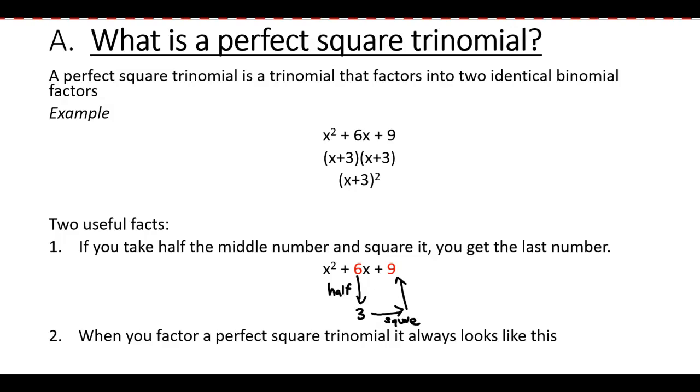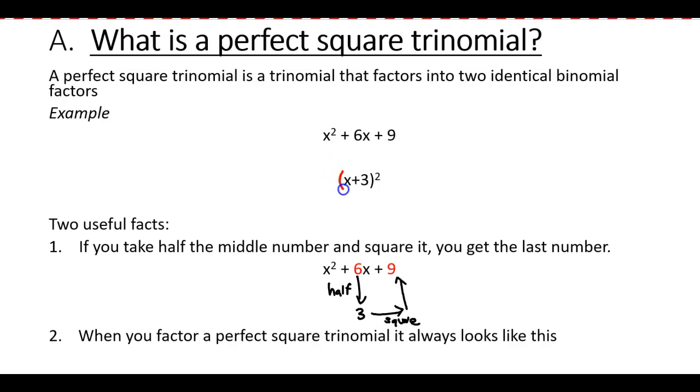Now, another thing about these guys, perfect square trinomials, is when you factor them, you know how they always come out to be the same thing twice. Well, instead of using the box method to factor it, we have a pretty nice little shortcut for these that always works. So instead of using the box method for a perfect square trinomial, we can do something that's a little bit quicker.